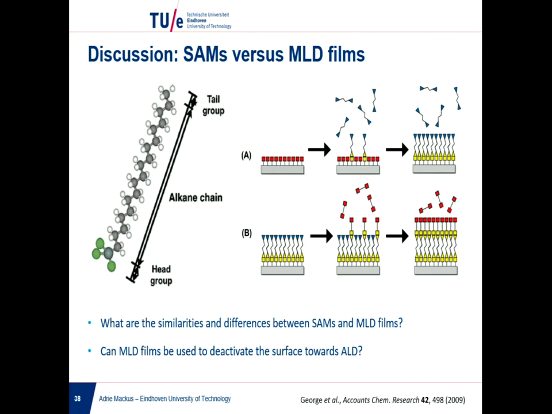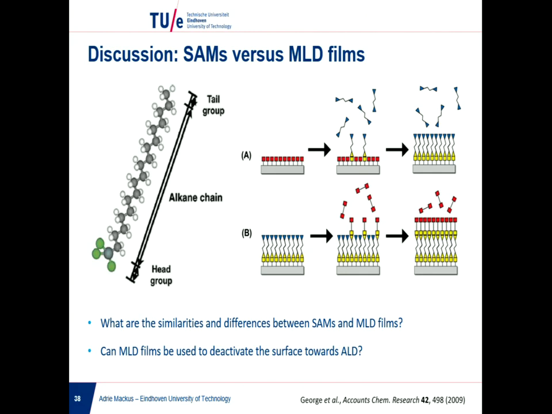So if you think about the SAM monolayers, what was the mechanism by which we deactivated the growth? I mentioned two things. Do you remember that? So first, you should react with hydroxyl groups. That should happen already in step one. The second thing was, you remember that?